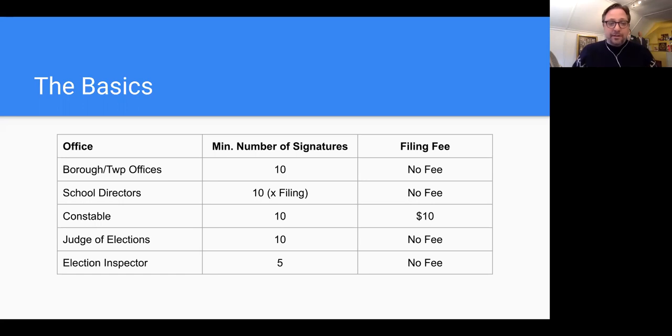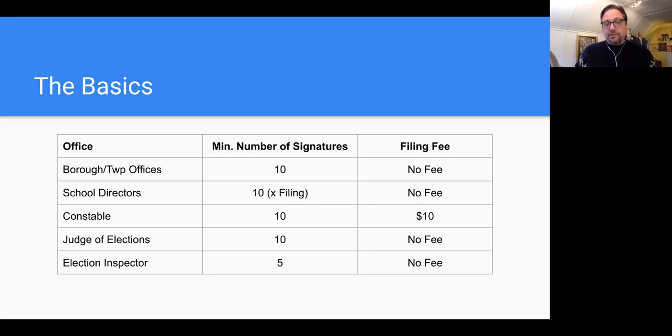And then finally, those last two positions are those important election day offices, the judge of elections and the election inspector. If you are running for judge of elections, again, a partisan position, you'll need 10 signatures from registered Democrats in the precinct where you are running.